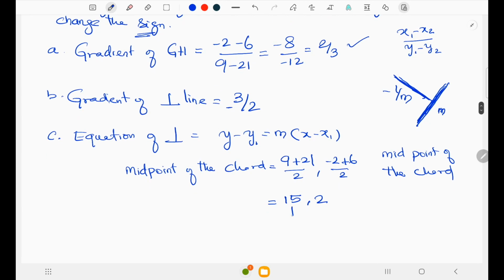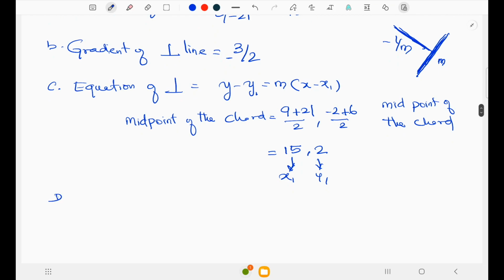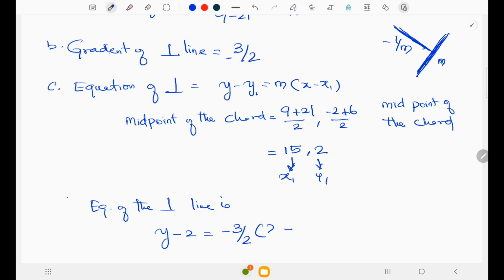This is with respect to the perpendicular line. This is x1, this is y1. Then the equation of the perpendicular line is y minus y1 equals the gradient of the perpendicular line, minus 3 by 2, into x minus x1, 15.